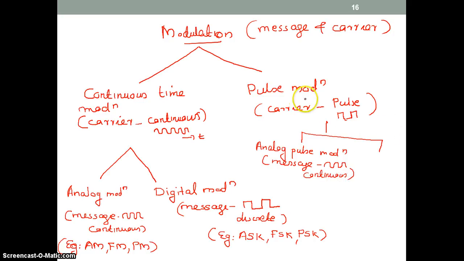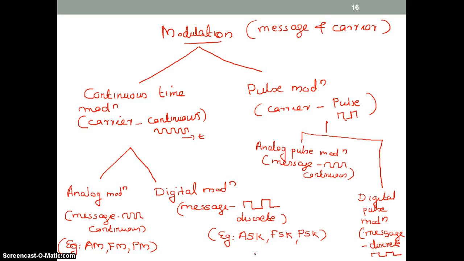Now again it is classified to another type based on message being discrete. It is called digital pulse modulation. Here your message will be discrete. Message is discrete in terms of ones and zeros.